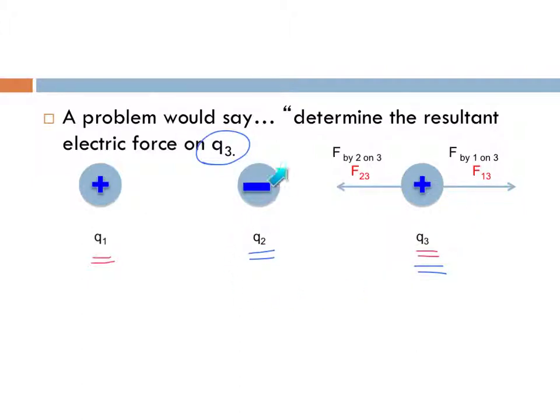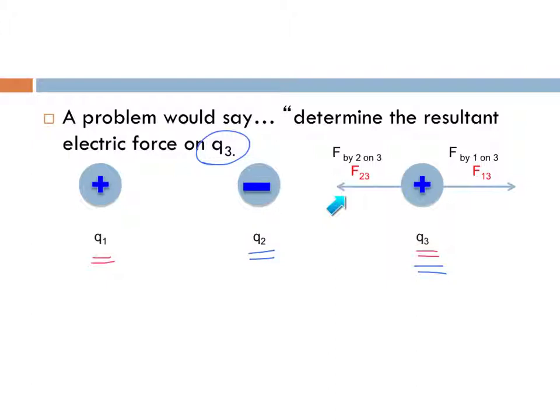Now we want to look at the second charge. This is a negative charge, and this is a positive charge. So the force in between them is an attracting one. So this force is by 2 on 3. And this force is to the left.